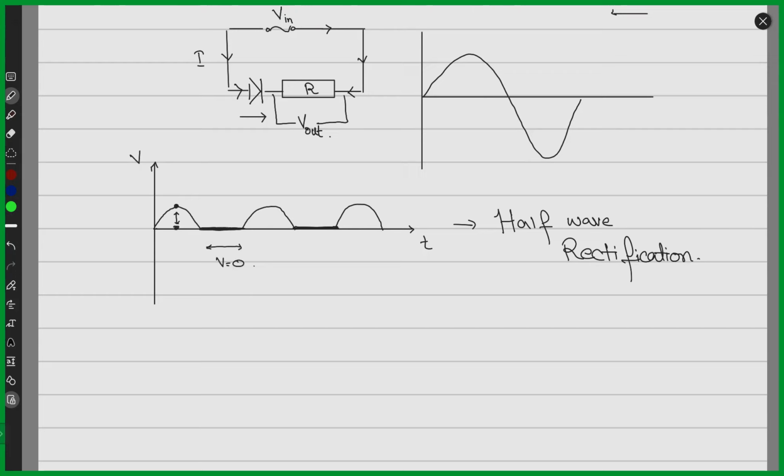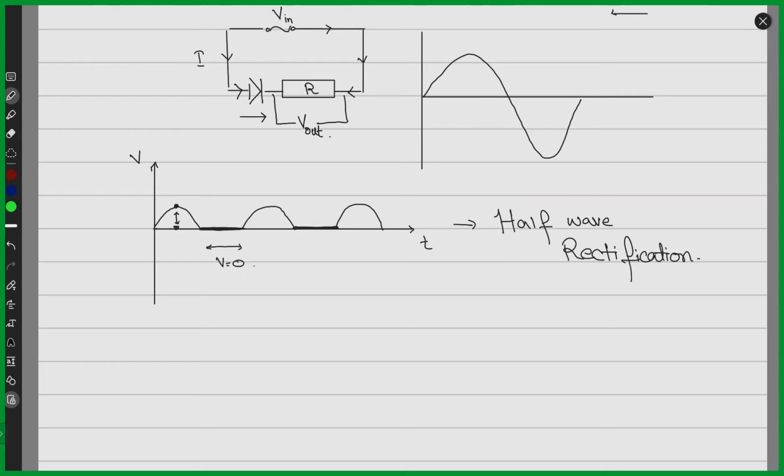So there is no current flowing, which is not ideal if you use this in any electrical appliance. For some time it's just going to stop, and then again it will start, and then it will stop, and then it will start, which is also not ideal, right? You don't want that. So we need to fix that problem.